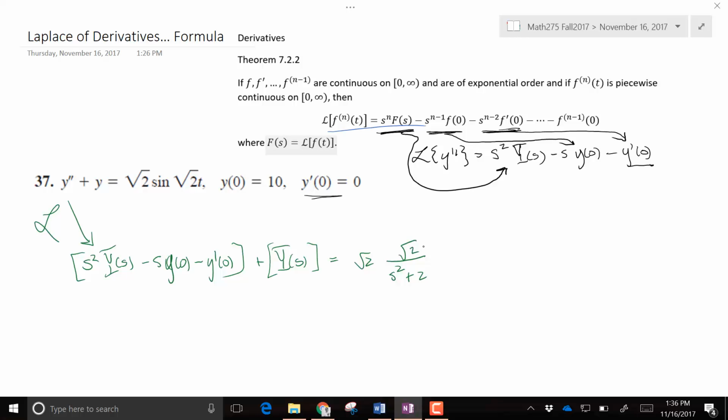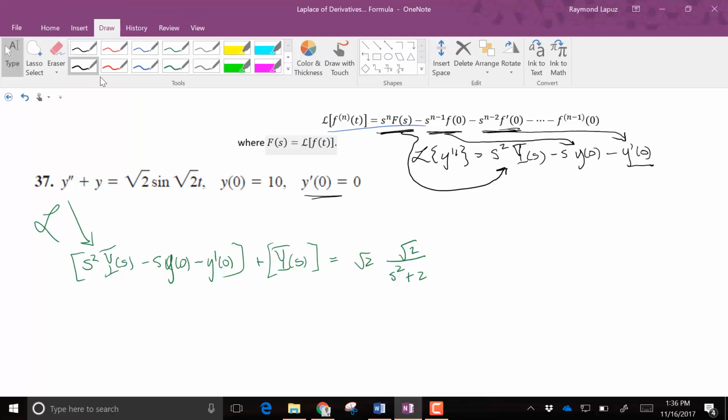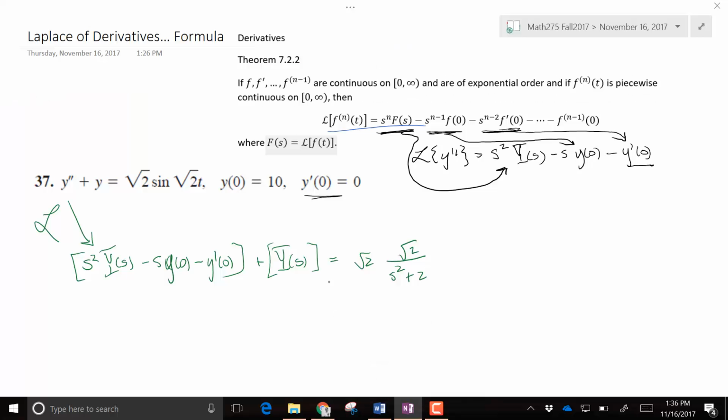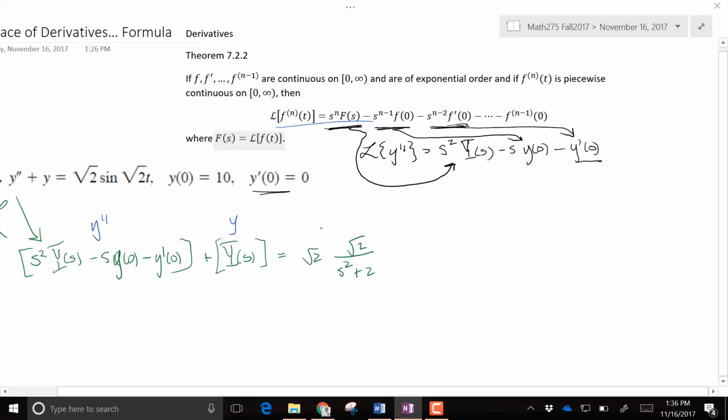So the constant is square root of 2. All right, so we've taken the transforms of these things. This is your y double prime, this is your y, and this is your square root of 2 times sine square root of 2t.